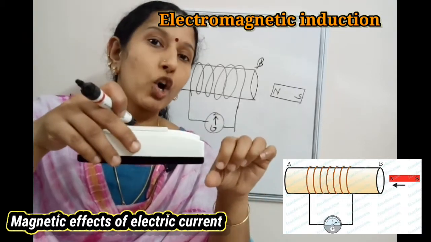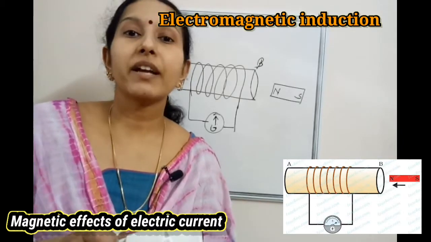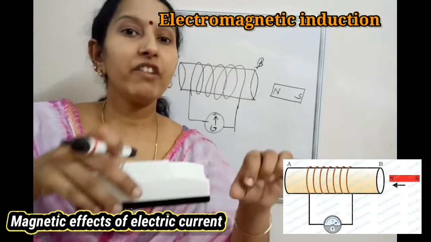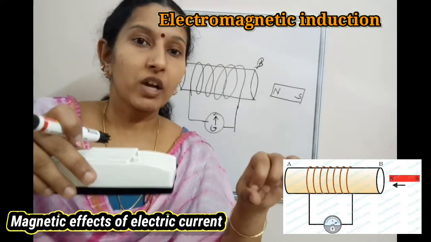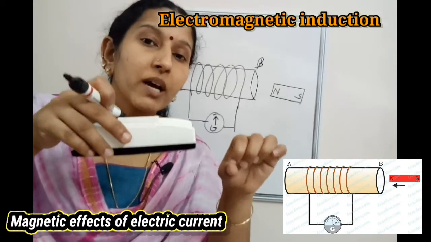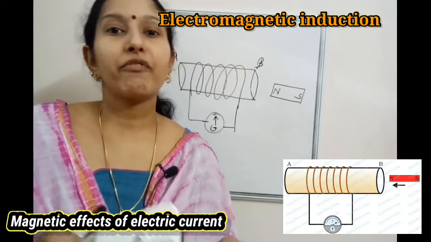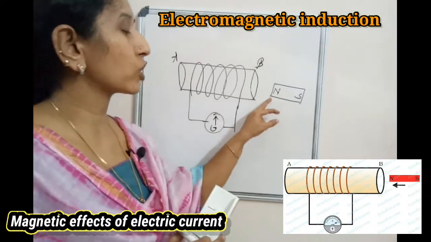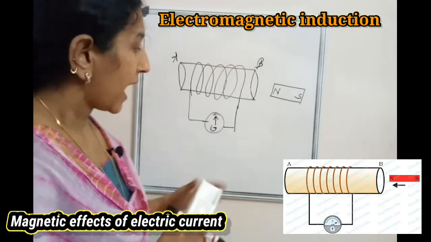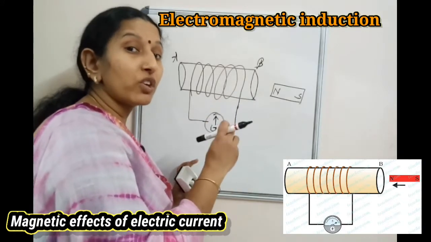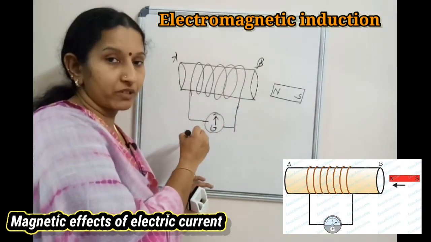If we show the north pole of the magnet towards the end B, the galvanometer needle deflected towards right. If we withdraw the north pole of the bar magnet away from the coil, the needle of the galvanometer deflected towards left.